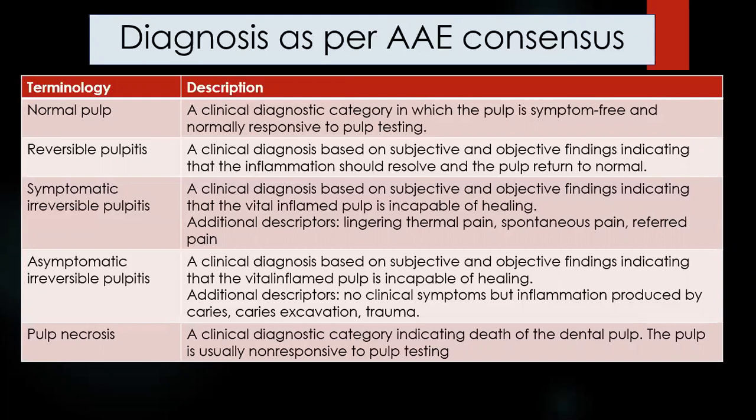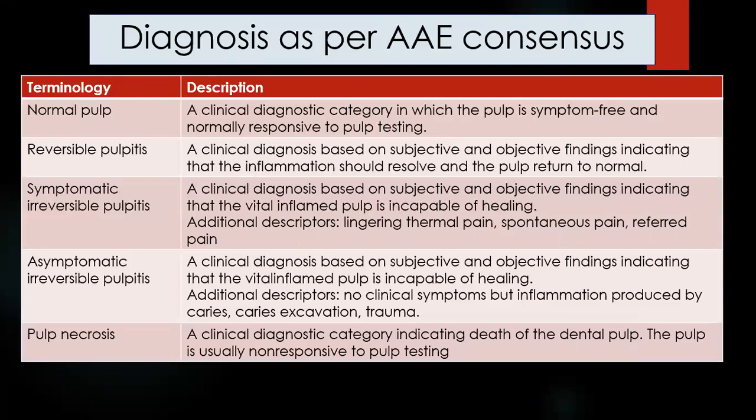We have an asymptomatic irreversible pulpitis, which has no clinical symptoms, but symptoms may be produced when we are excavating the caries or when there is a trauma. And we have pulpal necrosis.